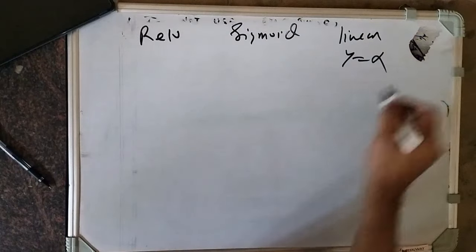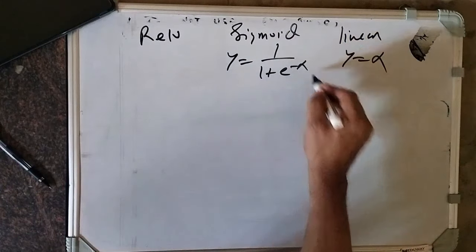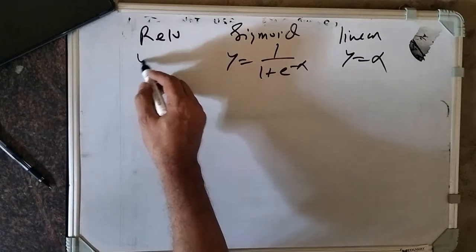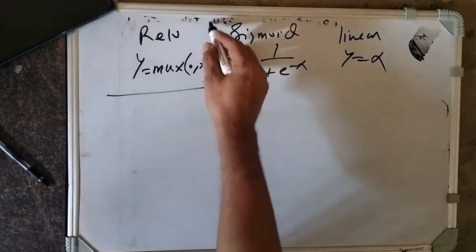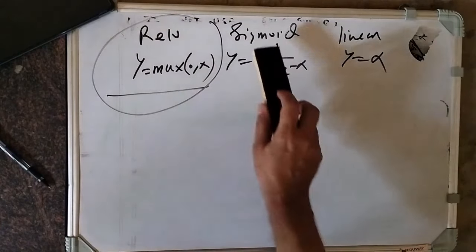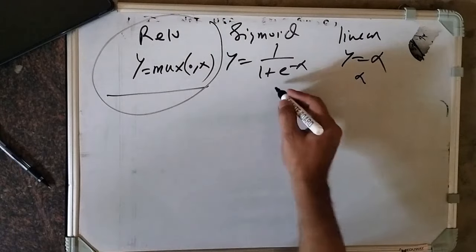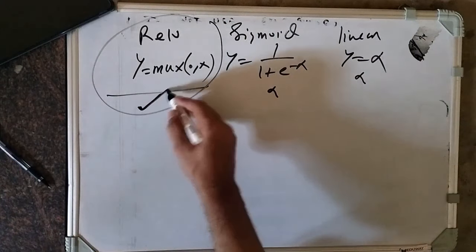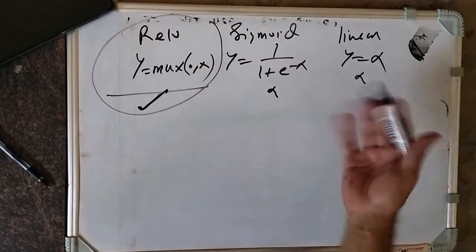Linear you already know, y is equal to x, and sigmoid is y is equal to 1 upon 1 plus e to the power minus x, and ReLU is y is equal to maximum of 0 and x. This is a very important activation function. Later we will discuss sigmoid and linear. Sometimes they are also useful, but this time we are discussing ReLU. Now in our code, this time we will use this activation function.